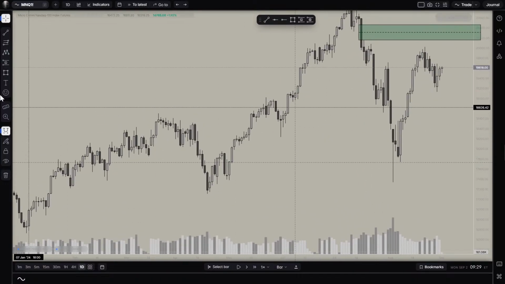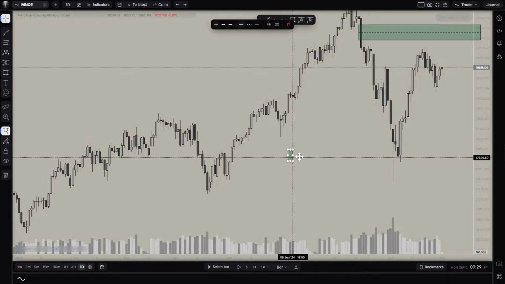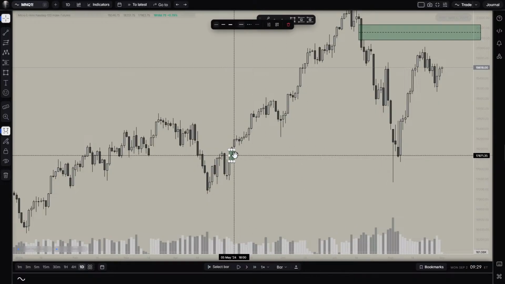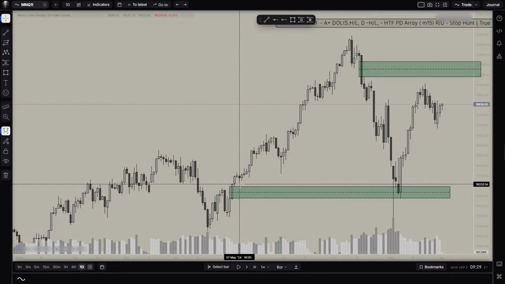See, this we can call A plus draw on liquidity because price has moved so much, it has made all these liquidity pools where a lot of orders are pooled here.